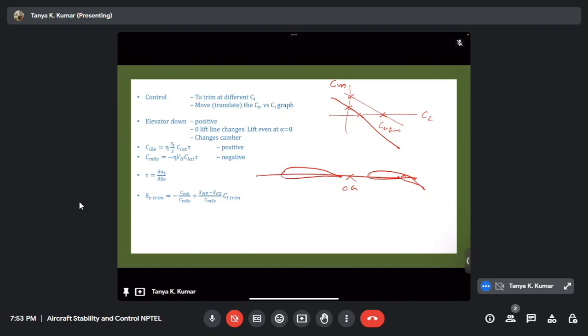Yes. So the tail, which is typically a symmetric airfoil, when I deflect the elevator down, kind of behaves like a cambered airfoil. So how is the cambered airfoil different from a symmetric airfoil? We just discussed this.